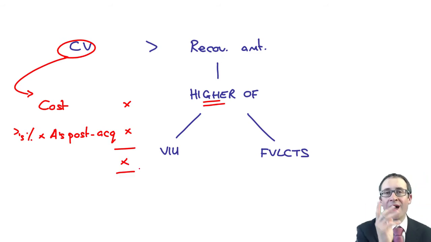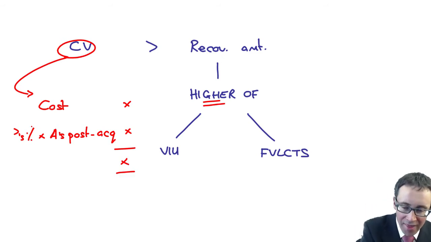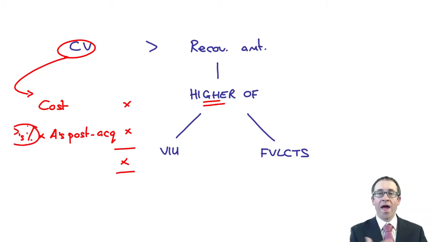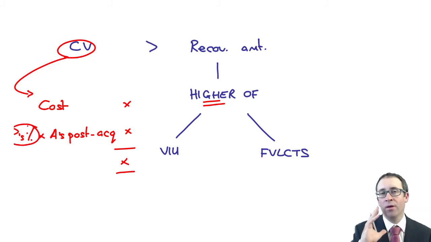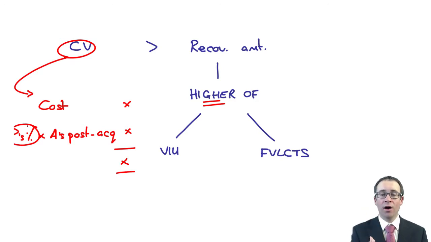Okay, that's why it's very important that we write that out, because remember, we're equity accounting for the associate. So when we equity account, we're looking at everything based upon our share, aren't we?